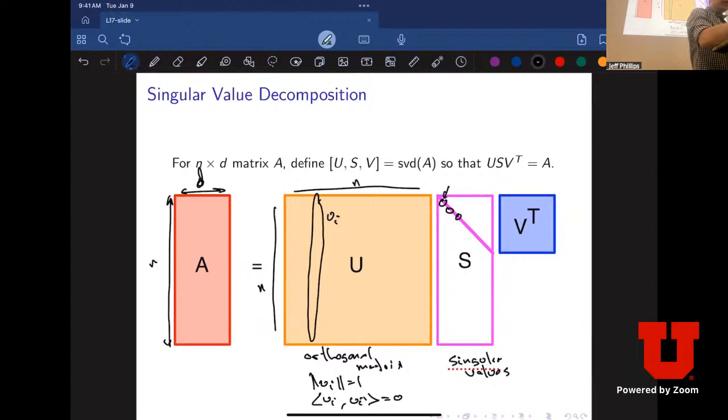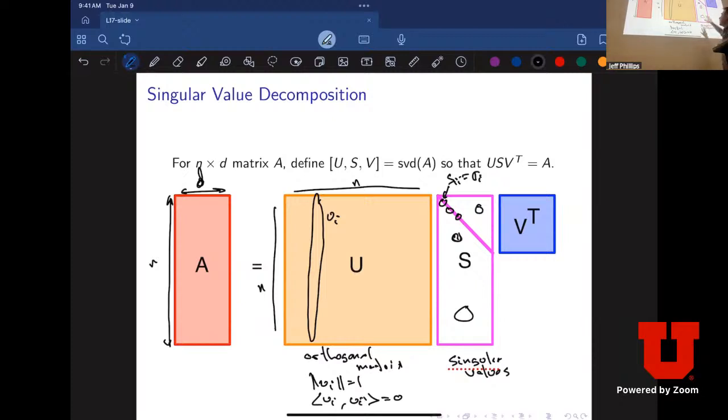S_ii is going to be, maybe we'll call it sigma_i. These are going to be some values here, and everything else is going to be 0. Off the diagonal is 0. So it's mostly zeros except for d things along the diagonal.